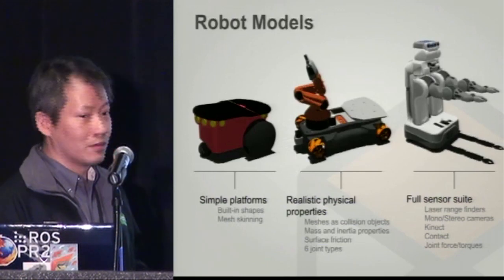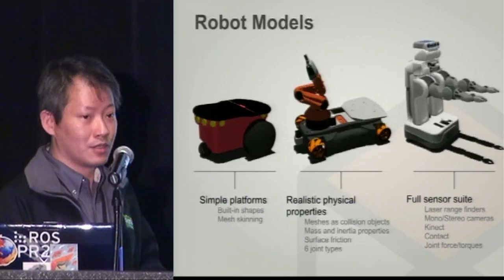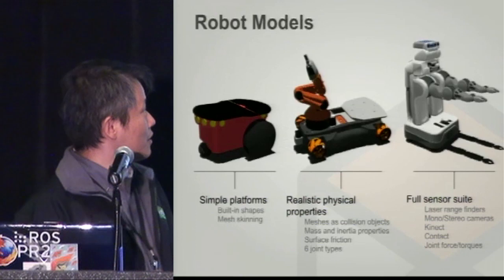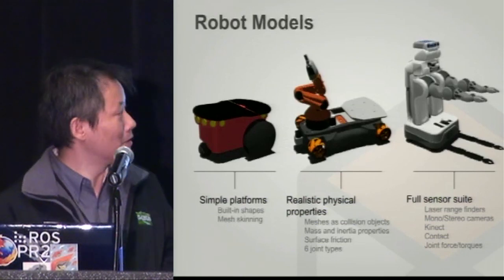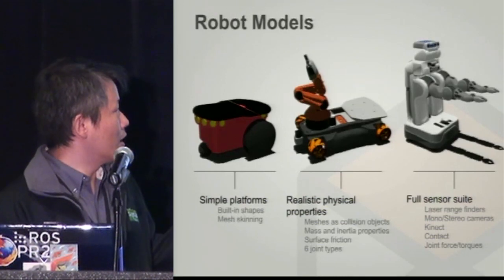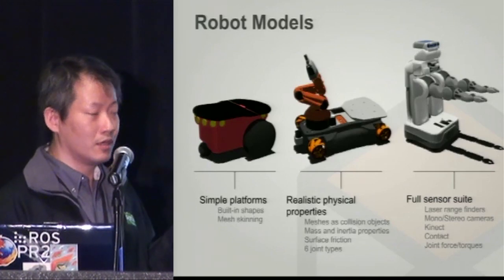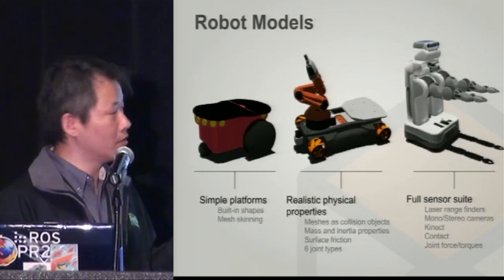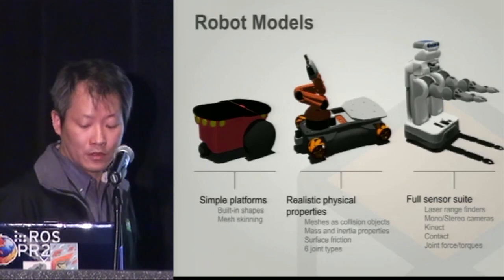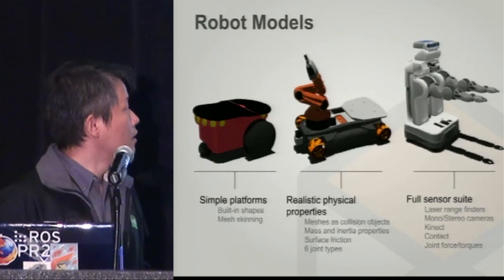Then you can evolve the model, add better looking visualization meshes, and add better collision meshes, and they can look much better in the end. If you check out Gazebo as of now, you should get all 3 of these robot models in the source code.